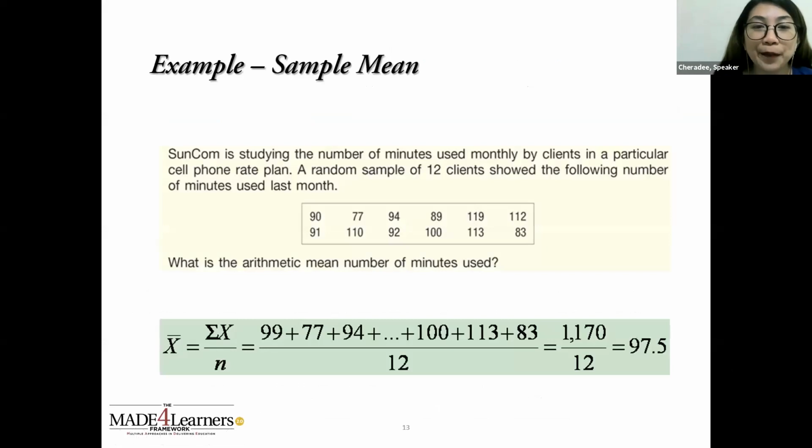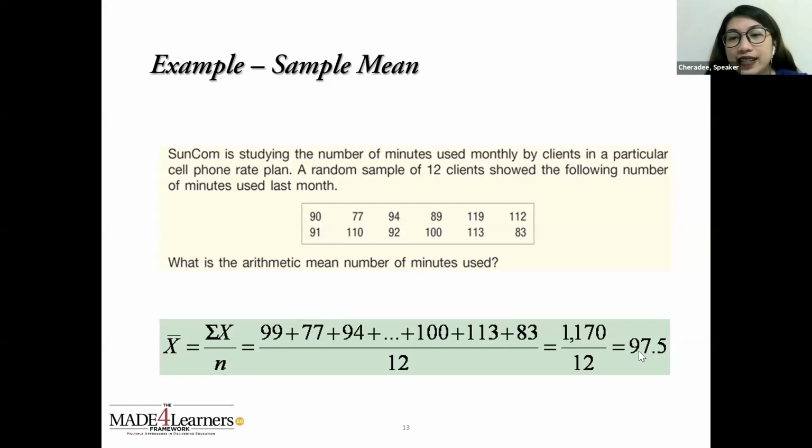Next, sample mean. To compute the sample mean, you just add everything, 90 to 83, and then divide by 12. Then you have an average of 97.5. Very simple. This one is about how many minutes of calls people use, for promos.